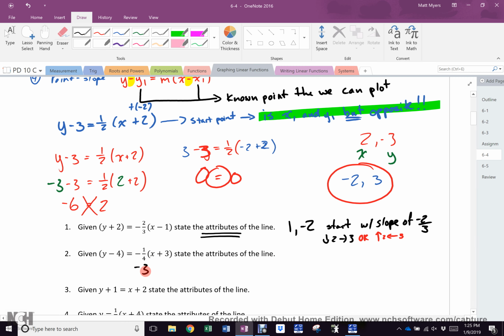Excellent. -3, 4, and then we would go down 1, 4 right, or up 1 and 4 left. Everybody good? Because some people have a lot of issues with understanding that rise over run could be up and right or down and left.